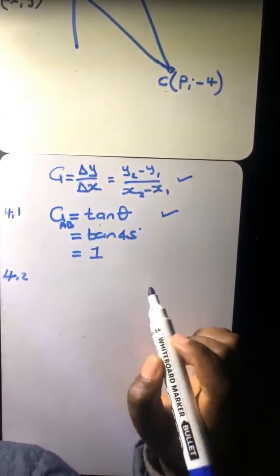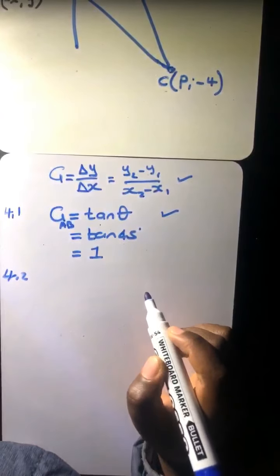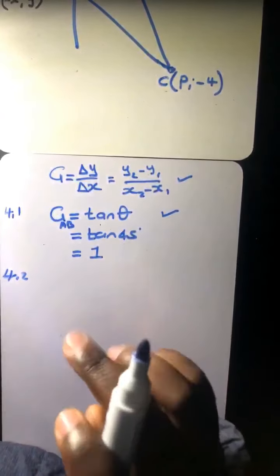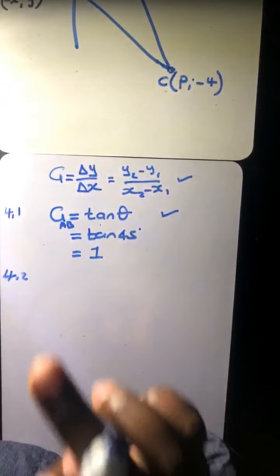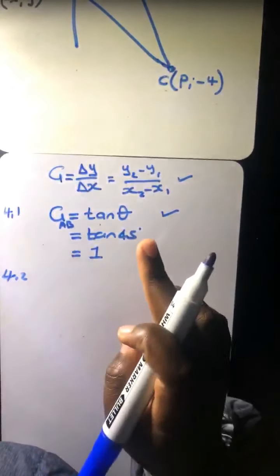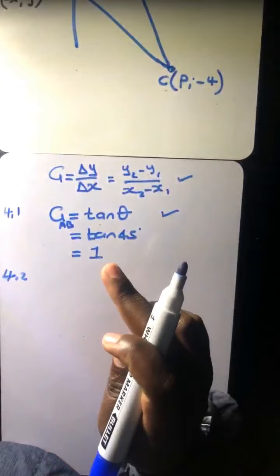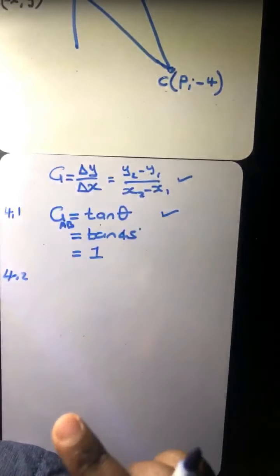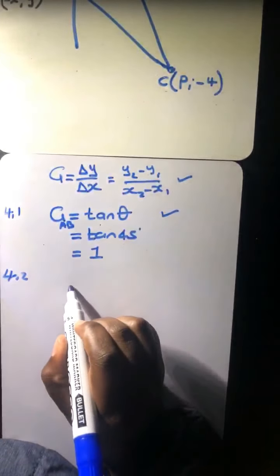100%. So now, can you guys see? Because they want the value of T, and we already have the gradient of line AB.